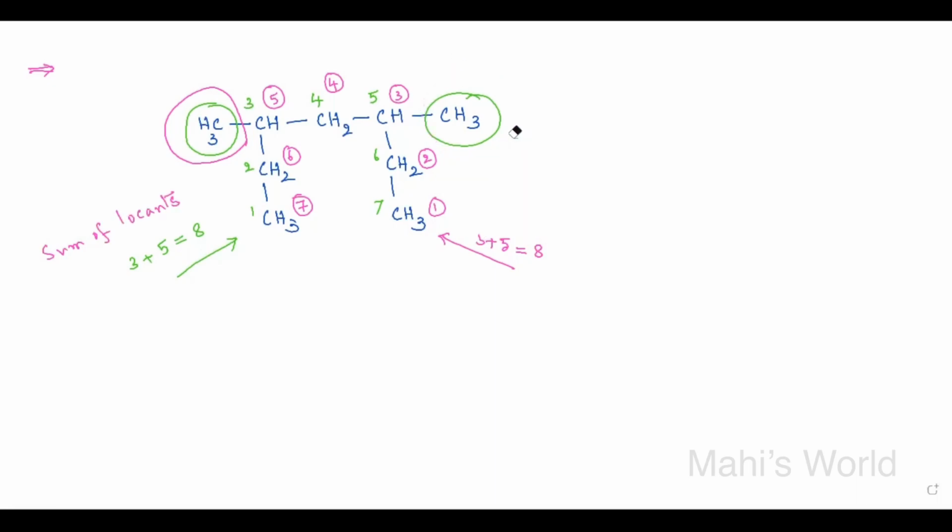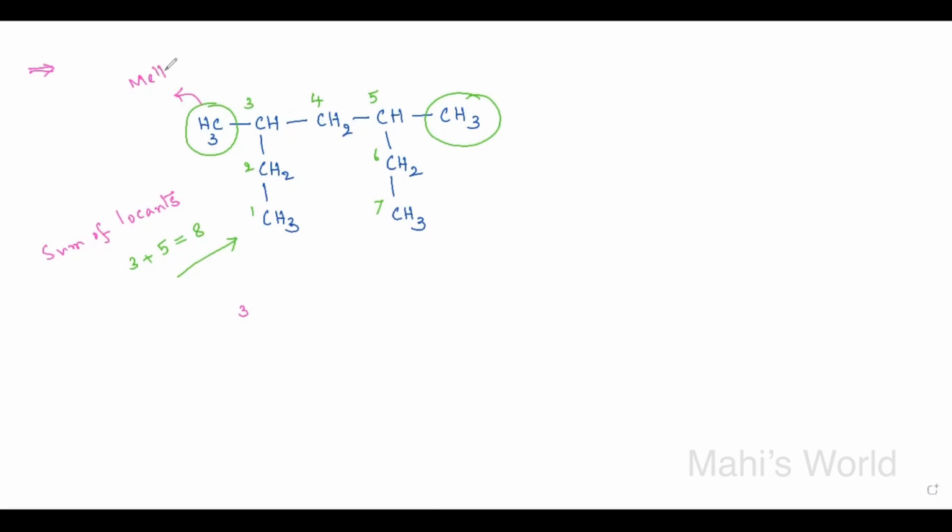So let me just clear up the pink ones. I don't want to go with this. So now, let me first write the name. We know the name of this.